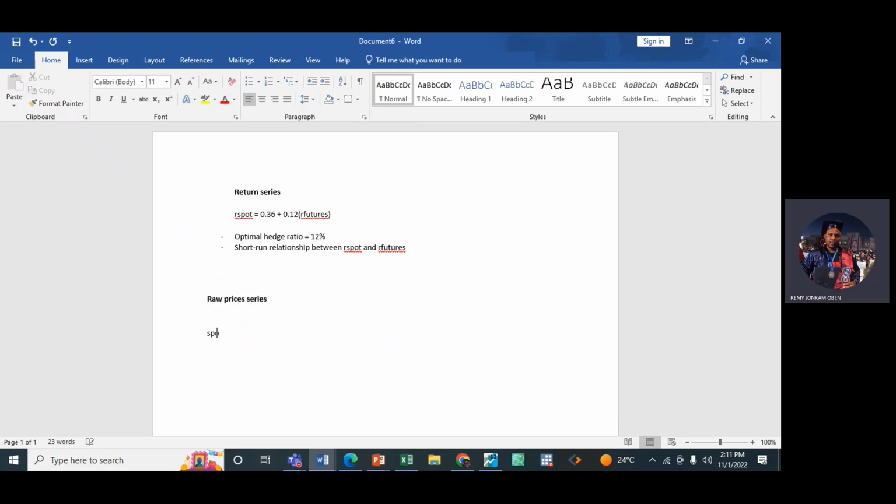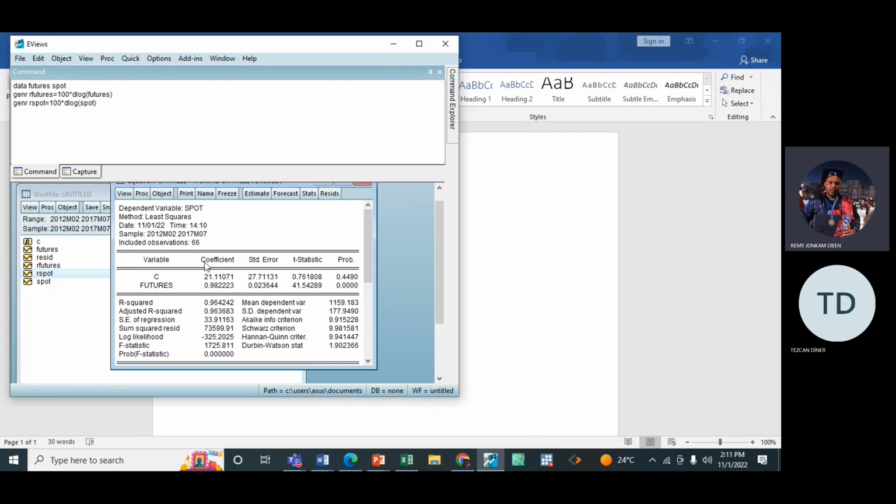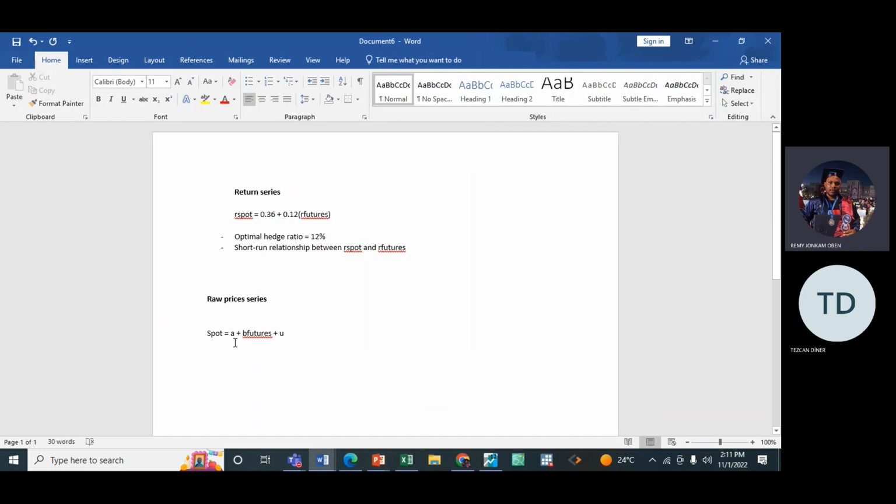So the equation should be spot is equal to alpha plus beta futures plus error term. Since my constant is 21, instead of alpha I'll put 21.